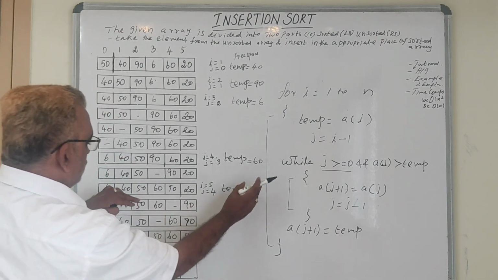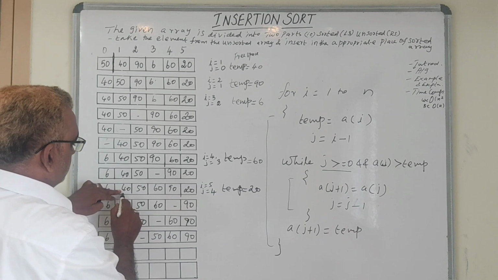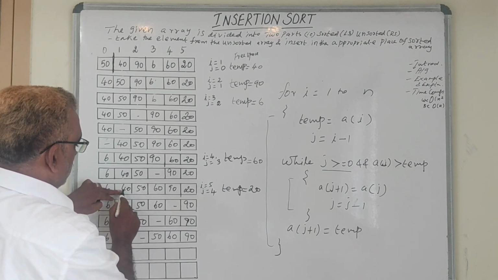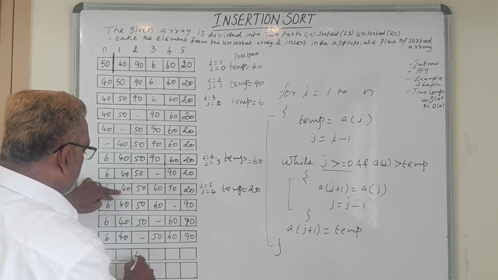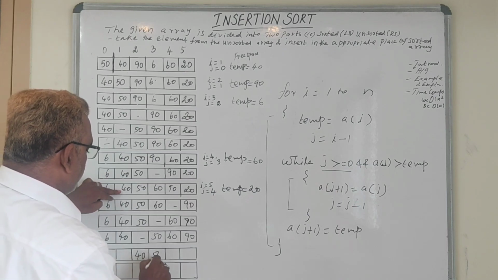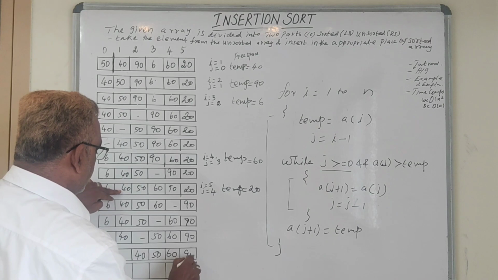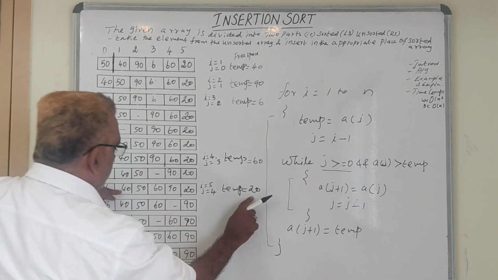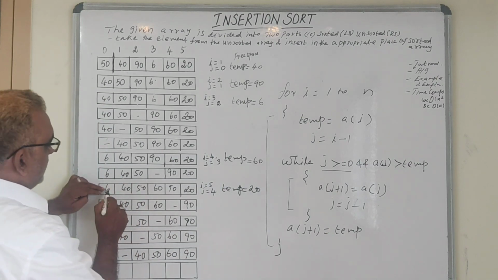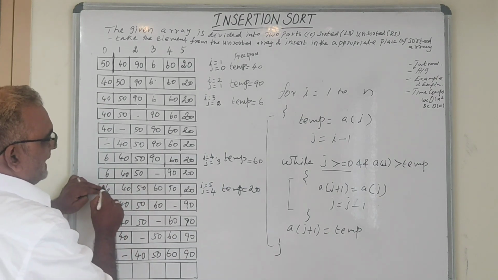Now take the value 20 and compare it with 40. 40 is greater than 20, yes, the condition is true. So automatically 40 will be shifted here, and this is 50, this is 60, this is 90. This position we don't know, this is 6. Take 20 and again compare it with the next value, that is 6. Is 6 greater than 20?